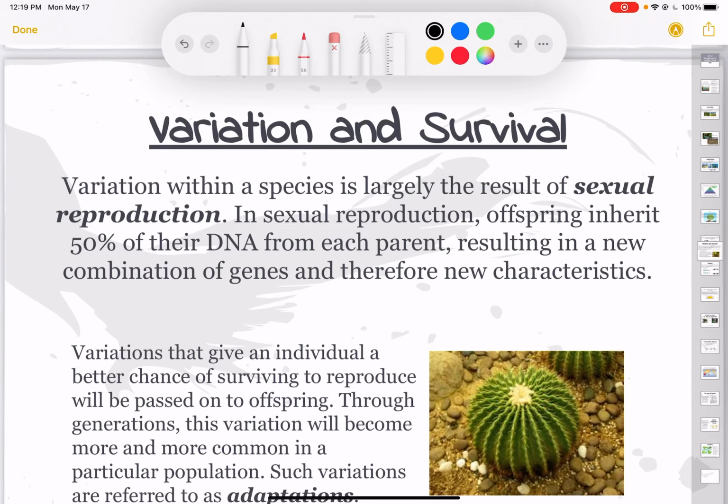So we know that sexual reproduction is what is going to give us certain traits. And that's basically why things look different. In sexual reproduction, offspring inherit 50% of their DNA from each parent, and this results in a new combination of genes and therefore new characteristics.